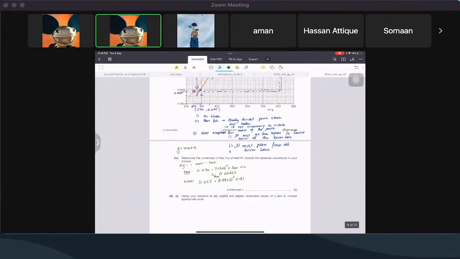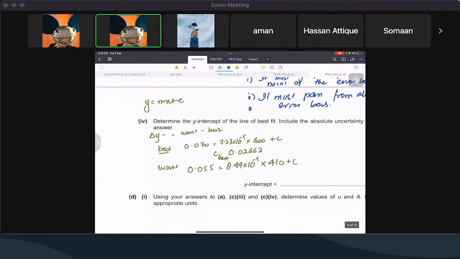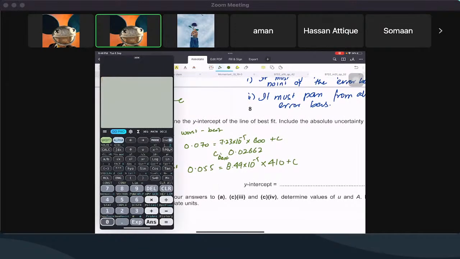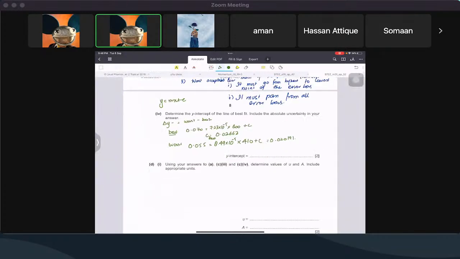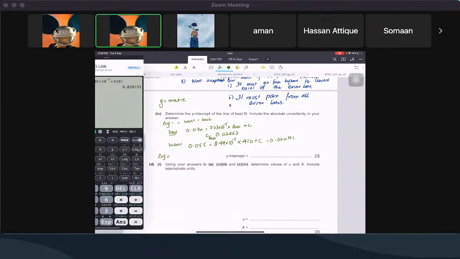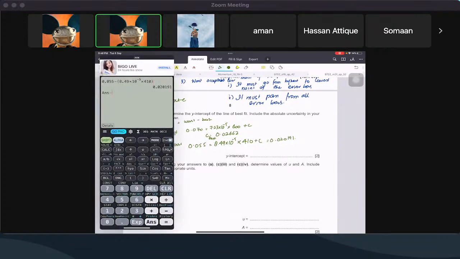Okay, now let's do this. And this is going to be 0.020191. Okay, so we got this. Now we're going to subtract this, so to find the change in y, this value minus the value we got, 0.02662.